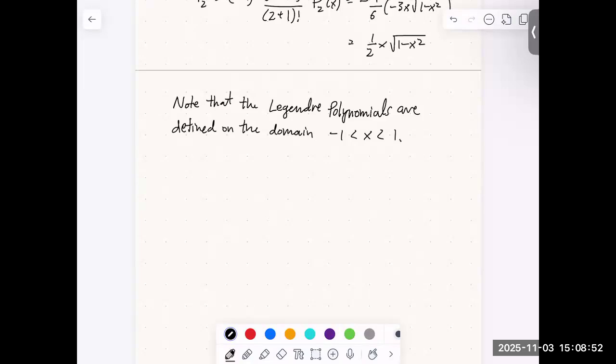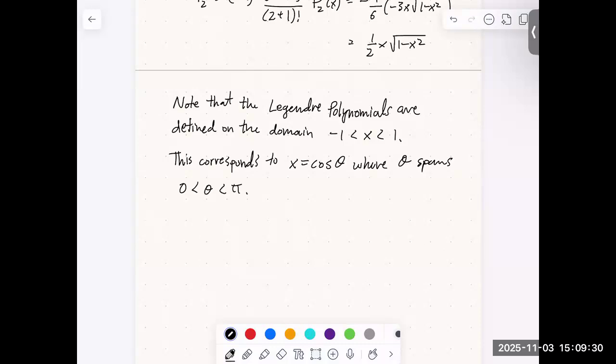So defined on the domain -1 to 1, this corresponds to x equals cos theta, where theta spans 0 to pi. So these Legendre polynomials and the associated Legendre functions are natural functions or polynomials to describe some angular dependence.